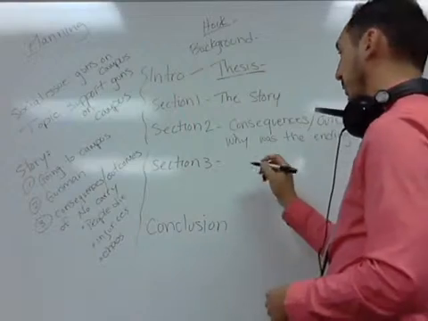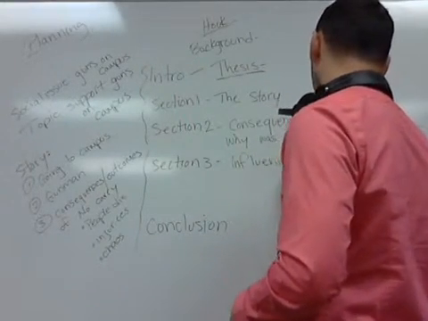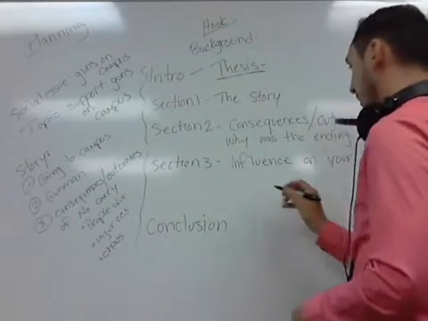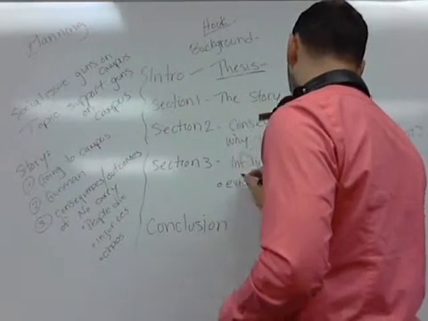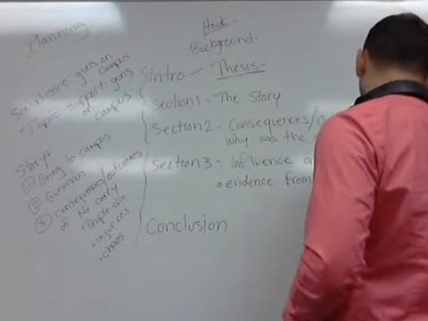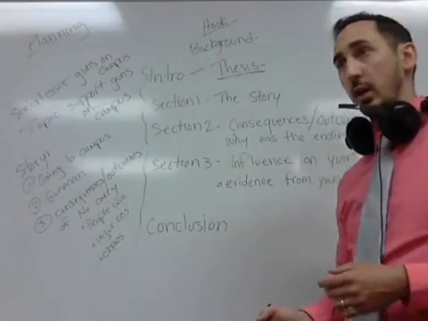Now, you're going to want to talk about influence on your life. You're going to want to use here evidence from your story. There will be particular parts of your story that you're going to want to refer back to.